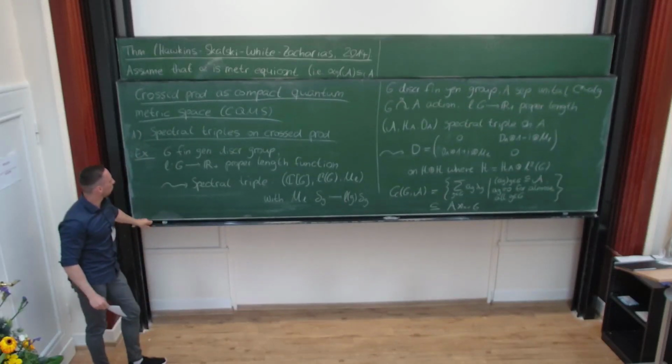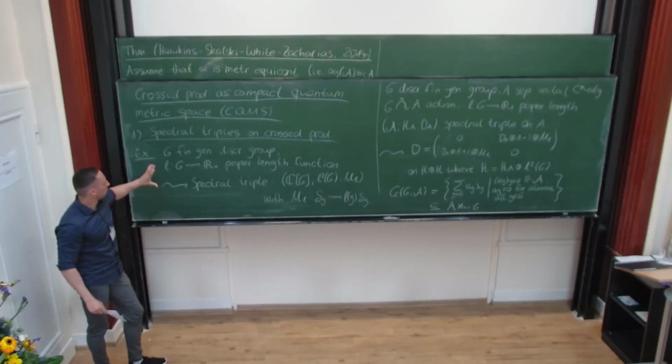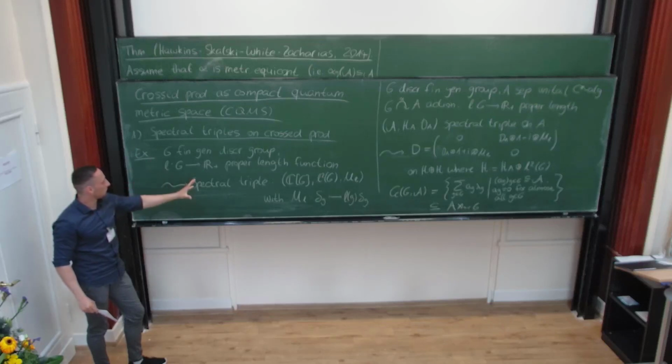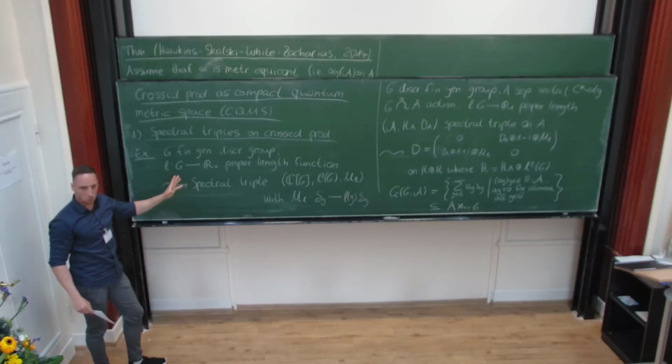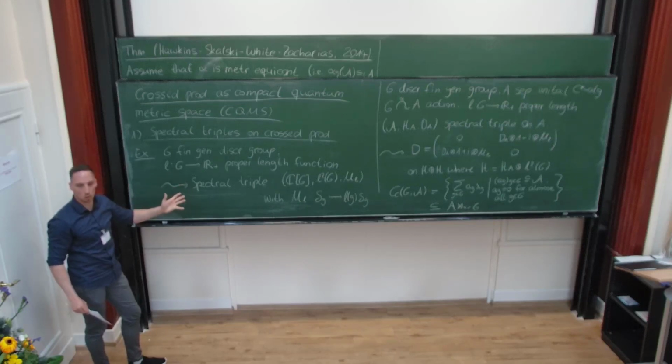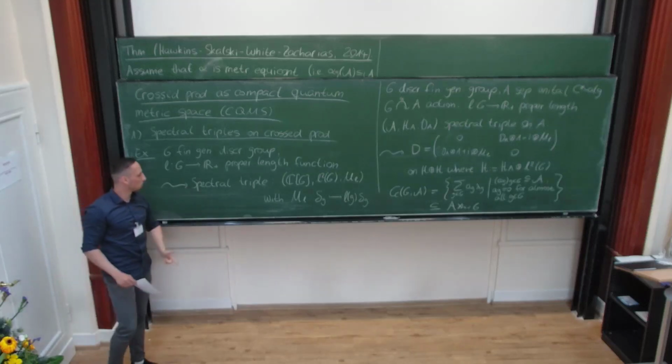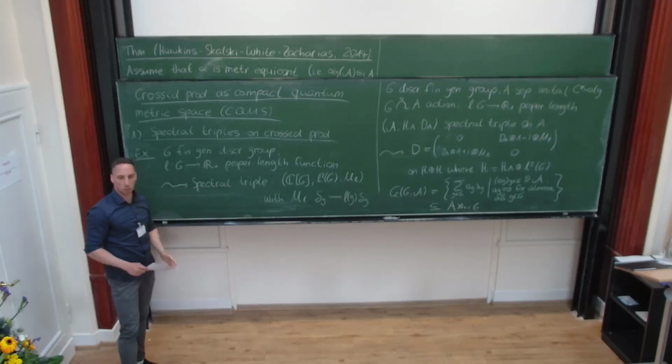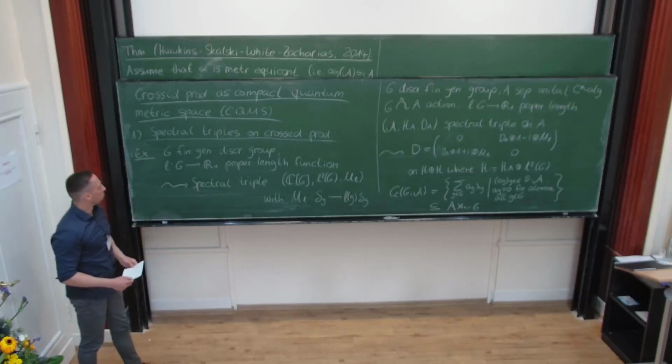As far as I know, in this setting, the triples induce compact quantum metric spaces for instance for word hyperbolic groups. Then Rieffel has a paper on the case where the groups are just Z^n, and this was later extended to essentially polynomial growth groups. But I think beyond this, not much is known.